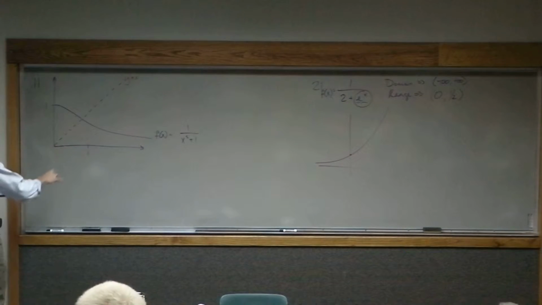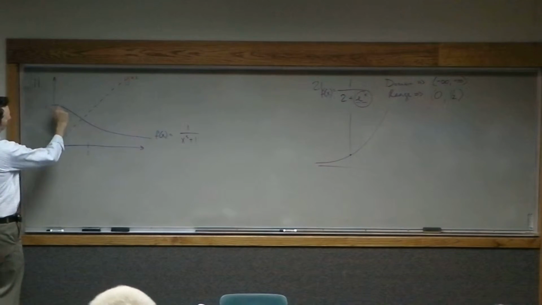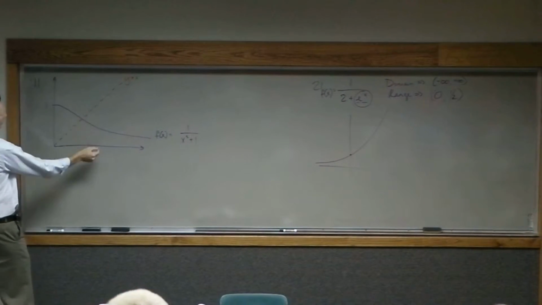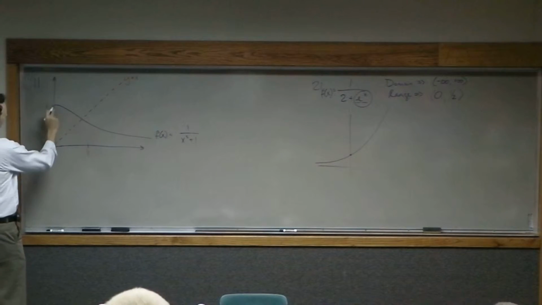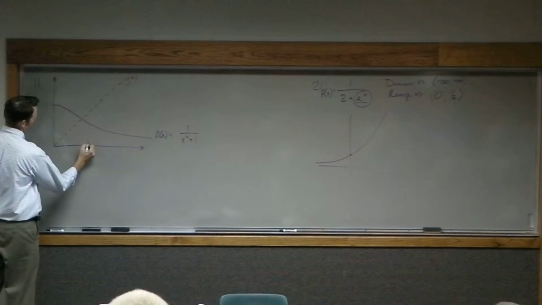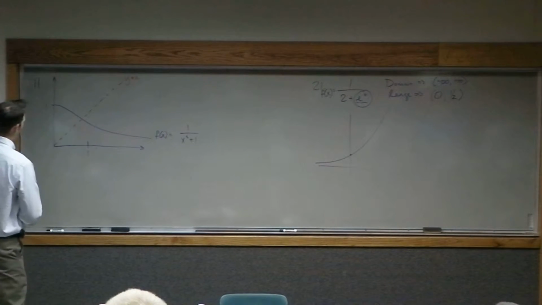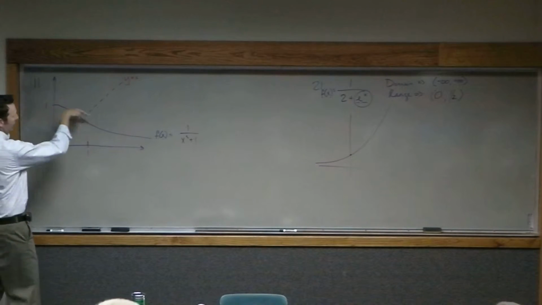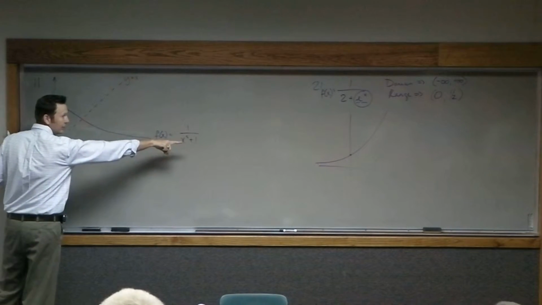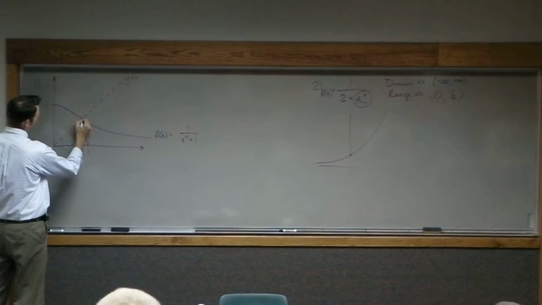Okay, so if we're reflecting f of x across this line y equals x, from this point, the graph is going to start right here. As this one gets closer to the positive x, this one has got to pass through this point, right?